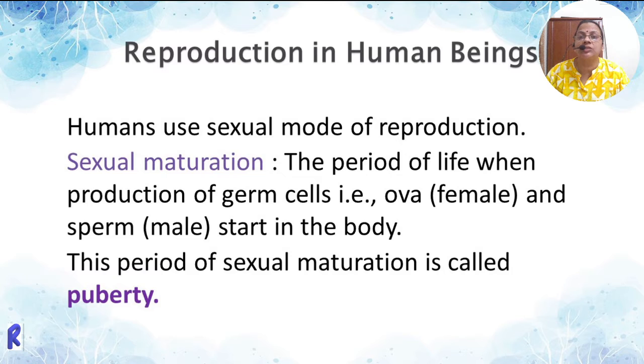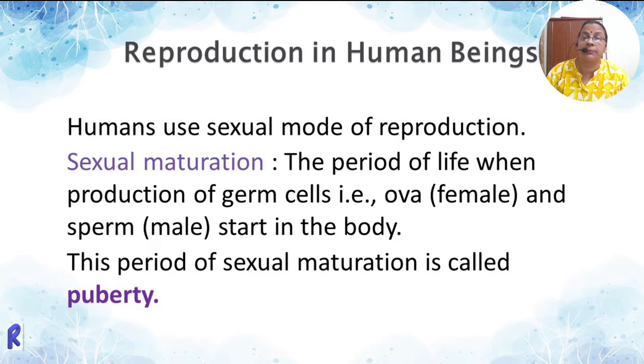Once it reaches approximately 10 or 12 years, there is a period of maturation of your reproductive structures or reproductive organs. So what do we mean by the maturation of reproductive organs? That means you will have reproductive organs.